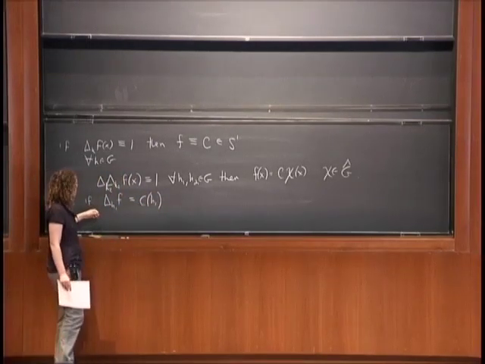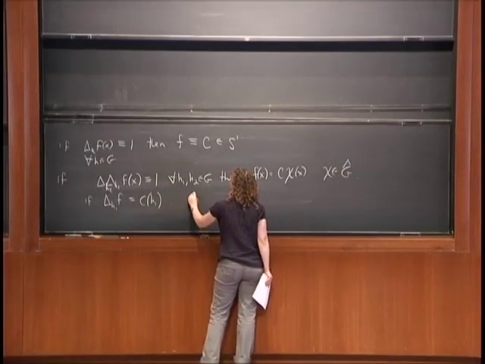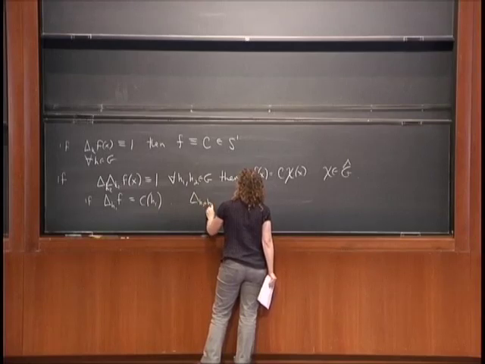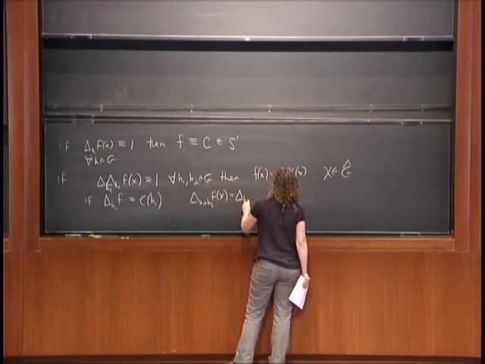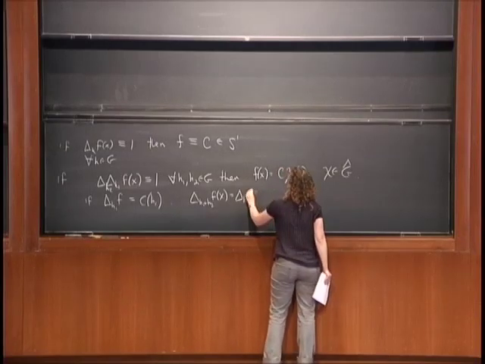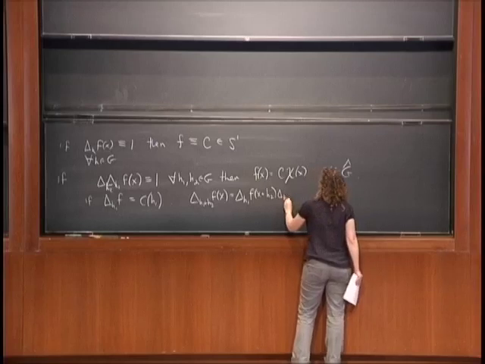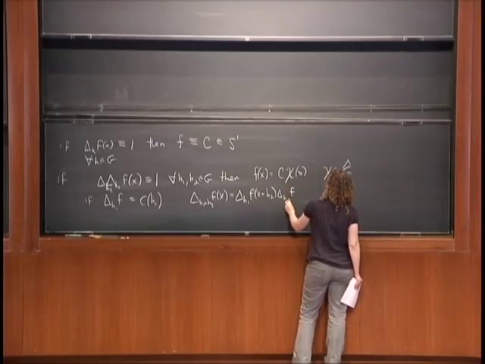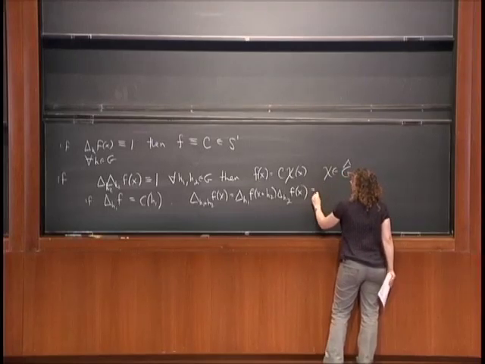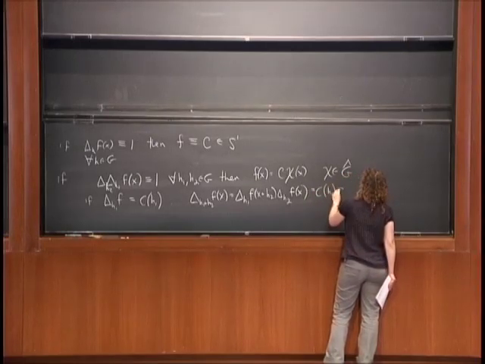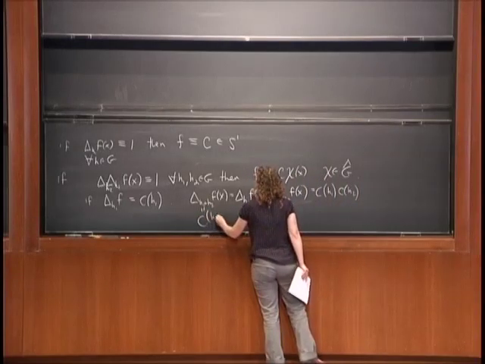By the cocycle equation, delta_{h1+h2} f at the point x is the same as delta_h1 f at x plus h2, times delta_h2 f of x, which is the same as c_h1 c_h2, and this is c_{h1+h2}.